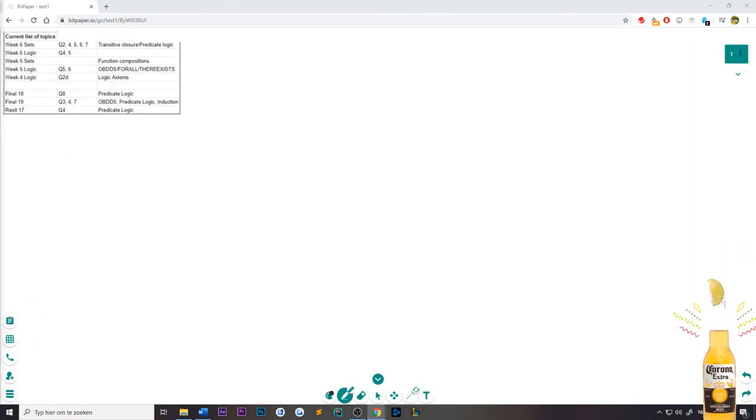Okay. So the question is saying that we have a formula which is phi and phi or psi, and we want to show that this is semantically equivalent to phi itself.